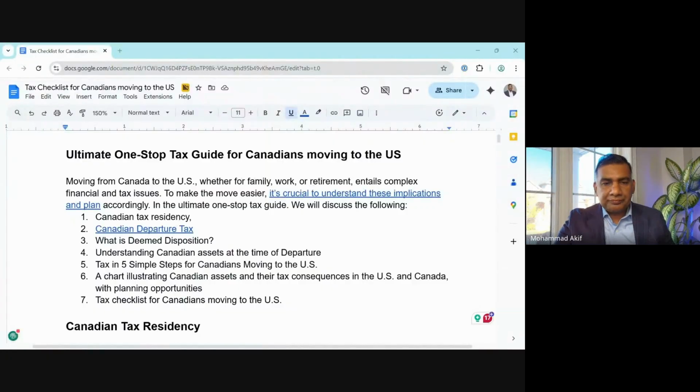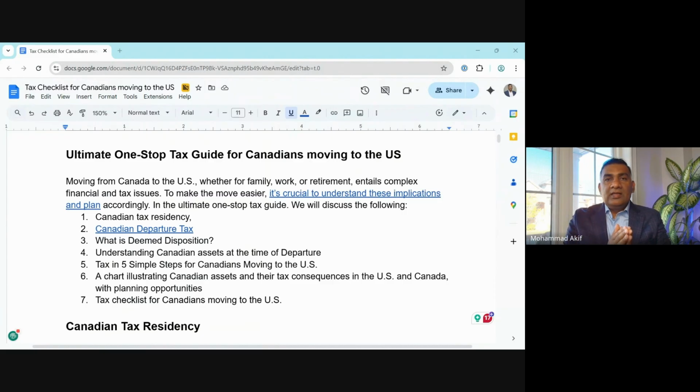All right, so there we go. So first, again, we'll go with why it's important, right? Because a lot of people move for many different reasons. People are moving for jobs, for businesses, for family reasons.